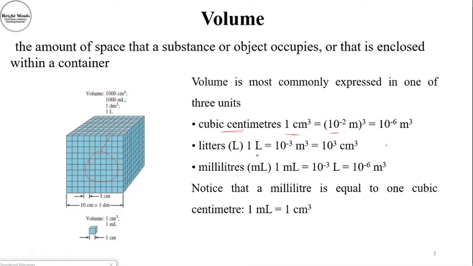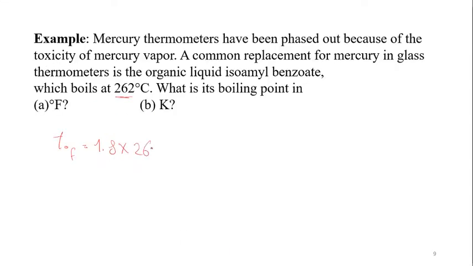Or it can be expressed in liter, and 1 liter is equal to 1000 cubic centimeters. The third unit is the milliliter, and 1 milliliter is equal to 10 to the power minus 3 liter. This means 1 milliliter is equal to 1 cubic centimeter.